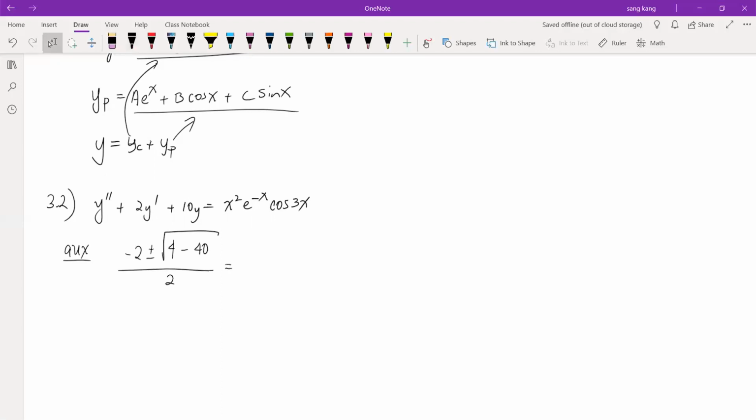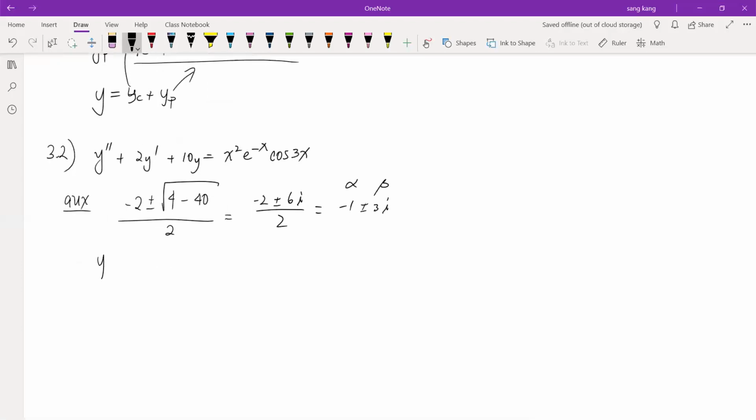This will give us negative 2 plus or minus 6i over 2, so minus 1 plus or minus 3i. So alpha and beta. Our complementary will be e to the minus x times C1 cosine 3x plus C2 sine of 3x.